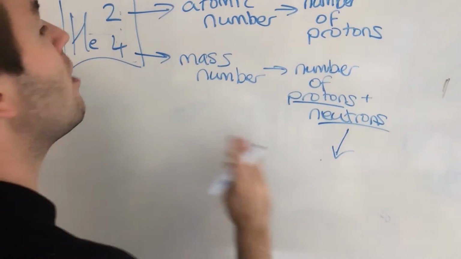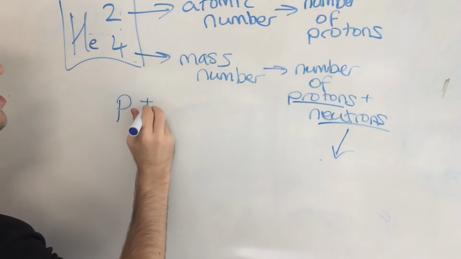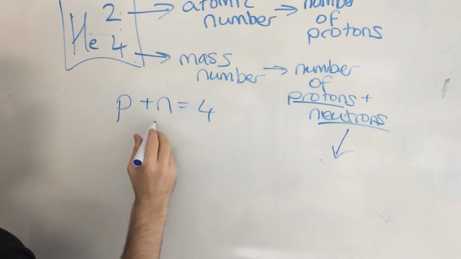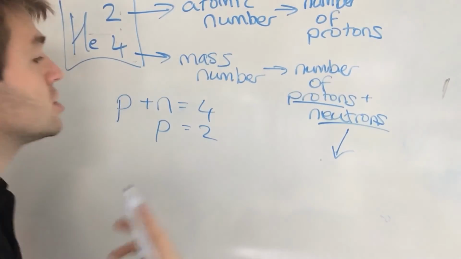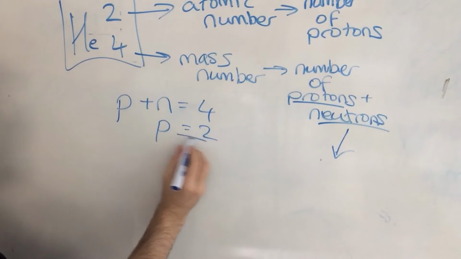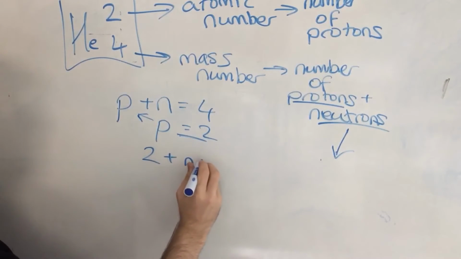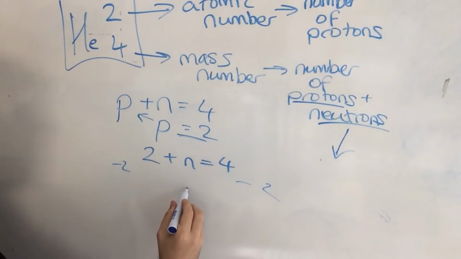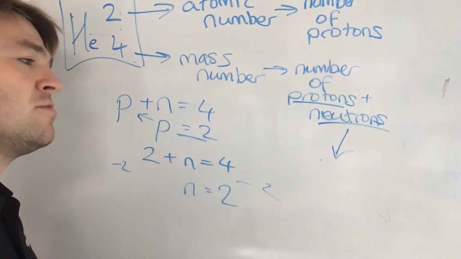I need to go, okay, so the protons plus the neutrons equals 4, and the protons equals 2. Great, perfect. So I can put this answer here into that P. So I can have 2 plus n equals 4. Then I can minus 2, n, the number of neutrons equals 2.